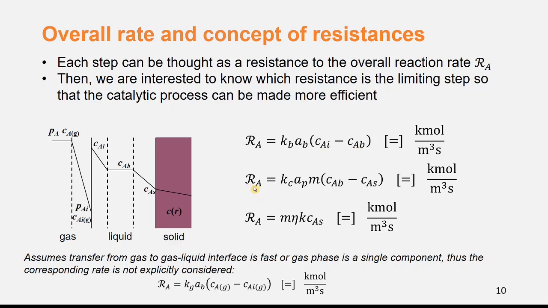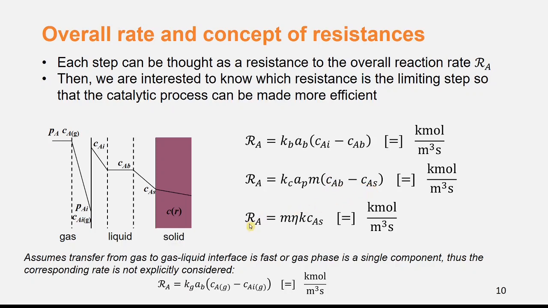And then we have the rate of external mass transfer or external diffusion, and this is equal to Kc, the external mass transfer coefficient, times AP, the external surface area per unit mass of catalyst, times the catalyst loading M. Again, multiplied by the driving force, the difference between the concentration at the bulk phase and the concentration at the surface of the catalyst, CAS.